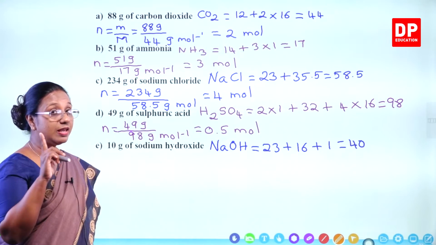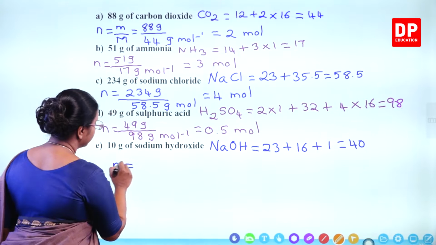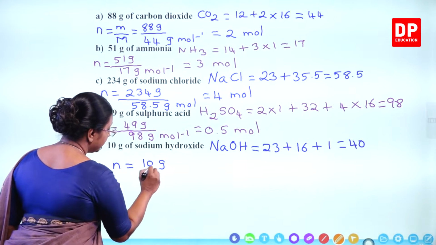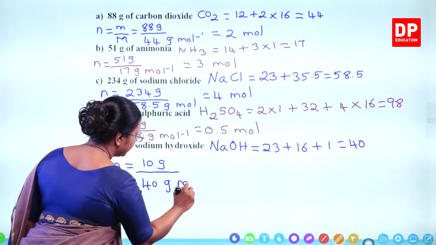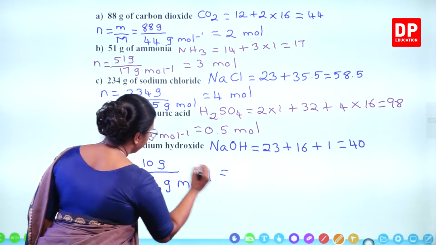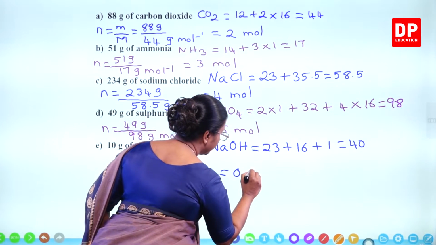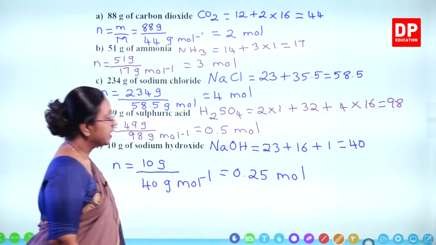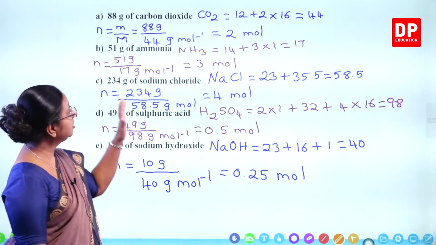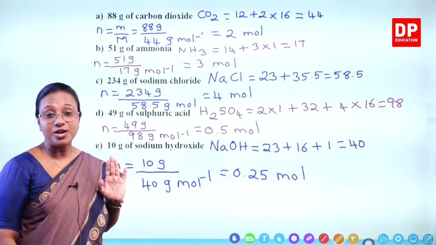Now you should be very careful with that. Here, number of moles is equal to 10 gram divided by 40 gram per mole. So 1 over 4. That will be equal to 0.25 moles. Is that correct? Did you get everything correct? I am sure you all did.